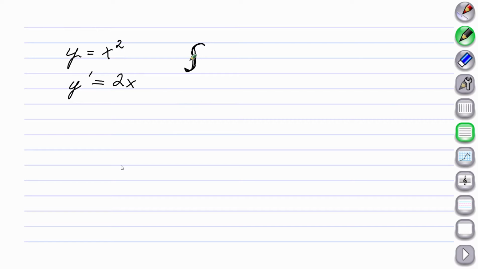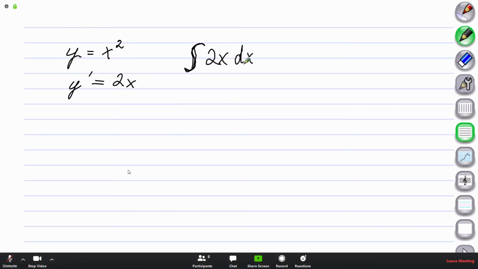You'll probably see the symbol on page 392. It kind of looks like that, integration. And in here, we're going to put 2x, and behind it, we're going to put a dx to show that this is the derivative, okay? This is your derivative form.